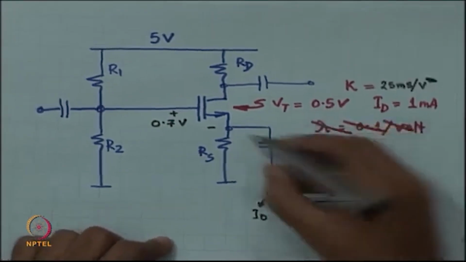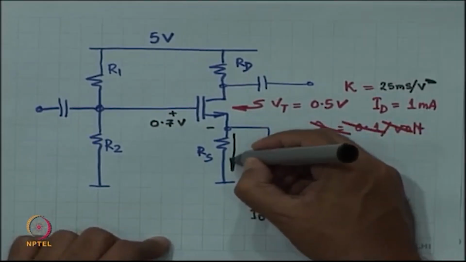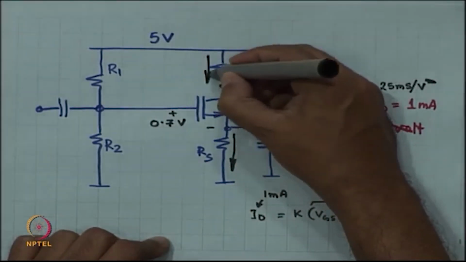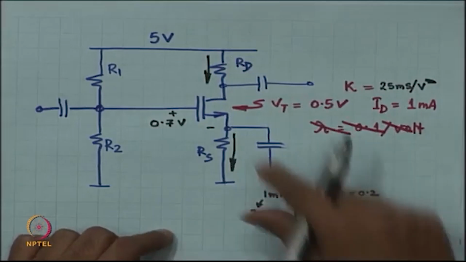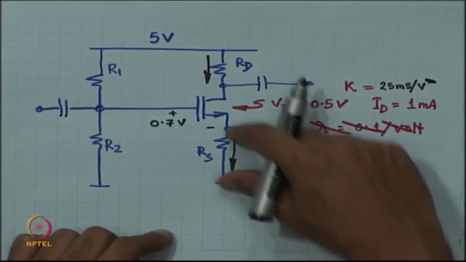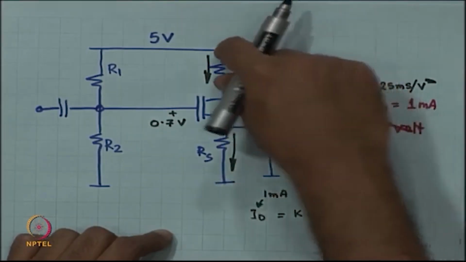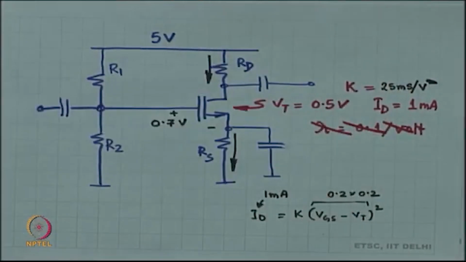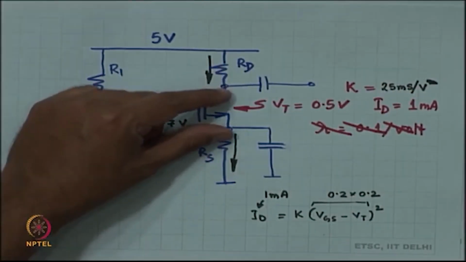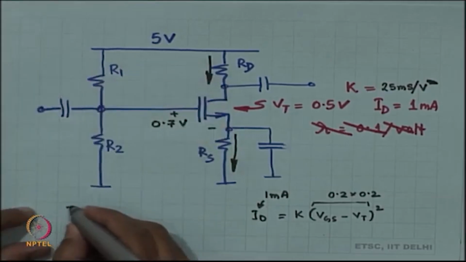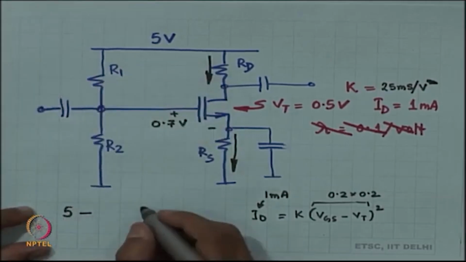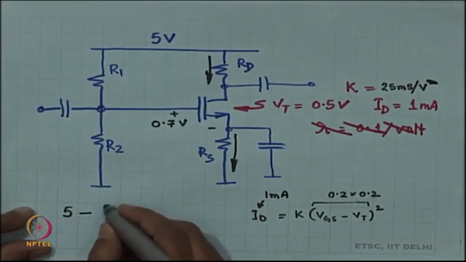So, this 1 milliampere current is going this way as well as coming through this, right. So, this is 1 milliampere times Rs, this is 1 milliampere times Rd, and therefore, Vds is 5 volts minus 1 milliampere times Rs plus Rd.